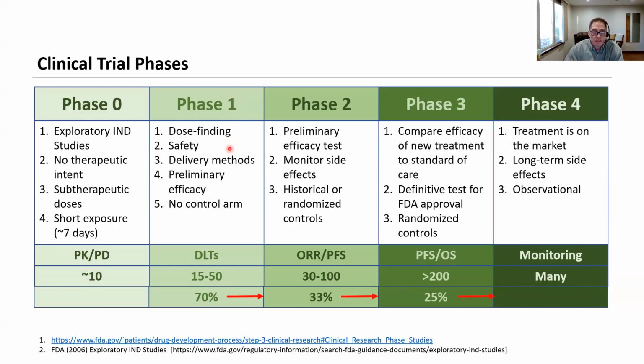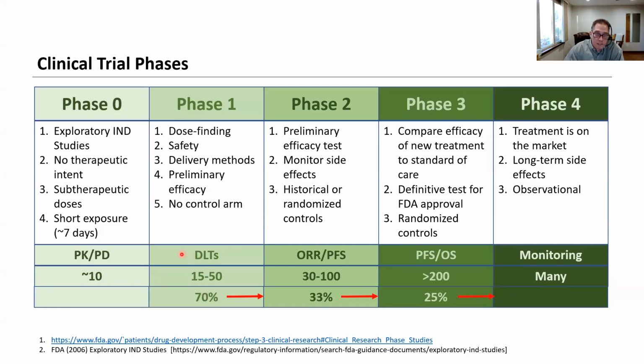These are dose-finding studies. You're looking for the safety profile for the drug. Maybe we're testing out different delivery methods. Maybe you get some preliminary efficacy result, but generally the number of patients is rather small, so the efficacy signal might be on the weak side. In particular, there's no control arm in a phase one, typically.